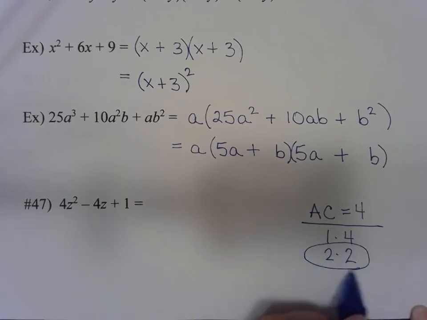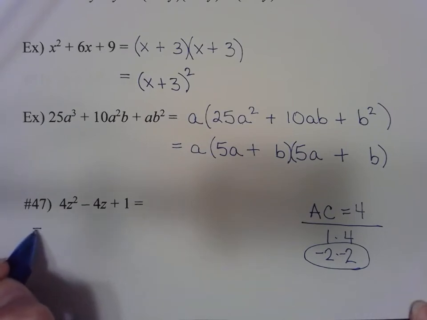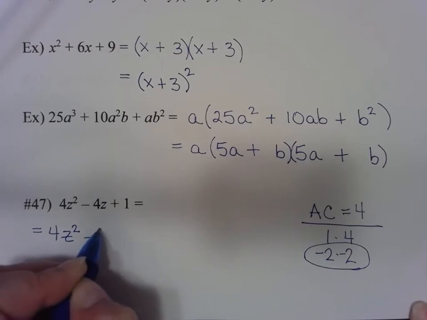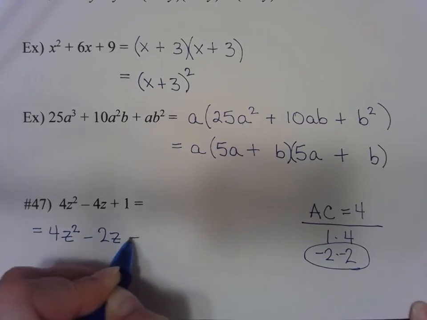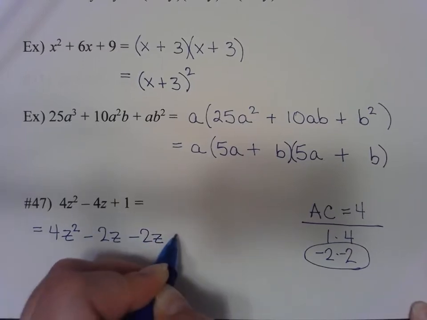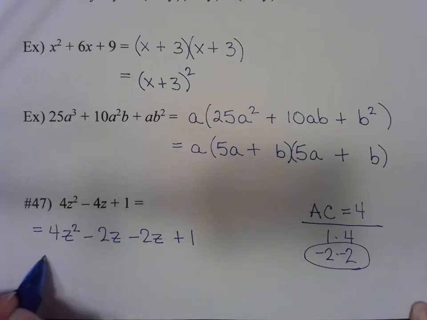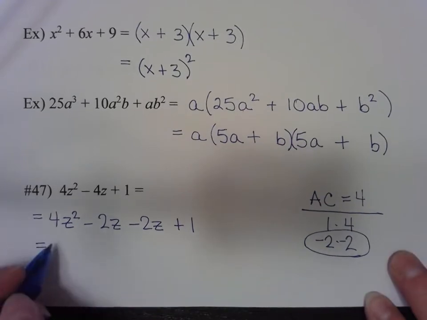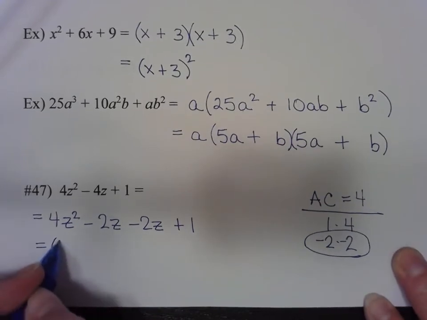I think 2 and 2 will work if we make them both negative. So that means we could rewrite this as 4z squared minus 2z minus another 2z plus 1. Now I want to use factoring by grouping, so I'm going to pair them up.